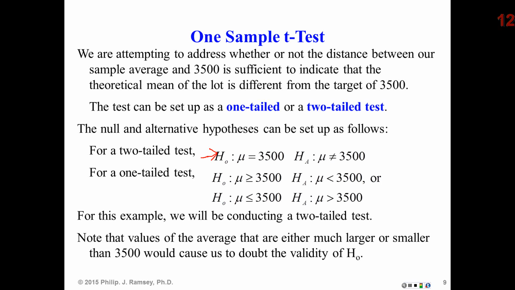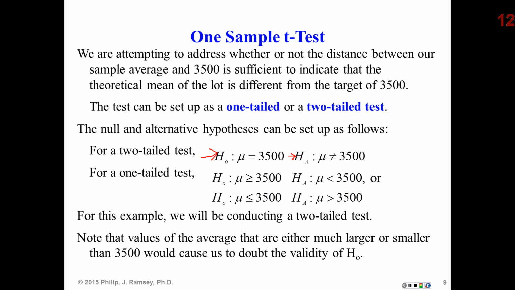Notice if I reject that, I simply say the mean is not 3,500. It's a very general test. The alternative is really obvious. It's called two-sided because under the alternative, the mean could be less than or it could be greater than 3,500. We simply leave it wide open and say it could be less or it could be greater.